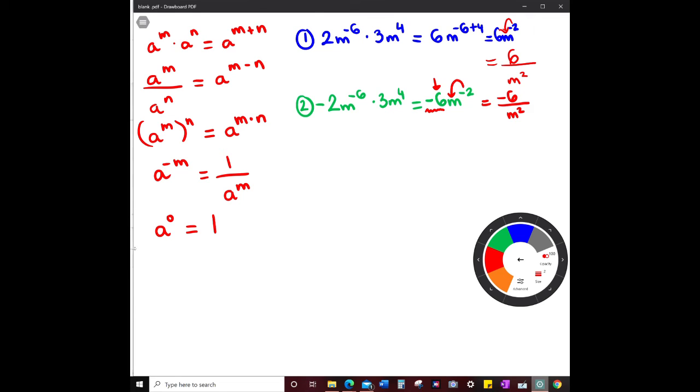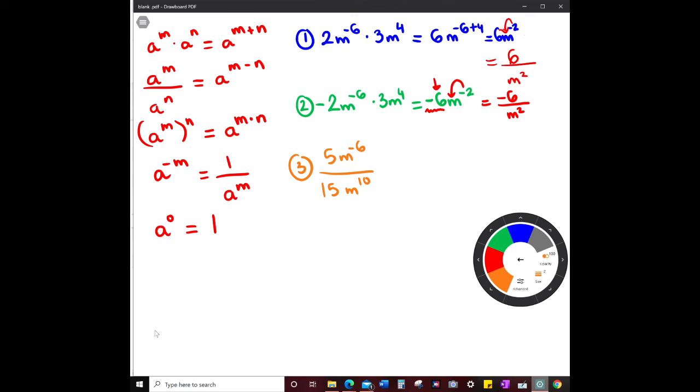Okay, all right. And then next we can have 5m to the negative 6 over 15m raised to the power of 10.